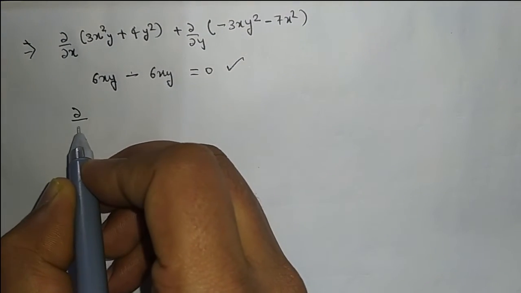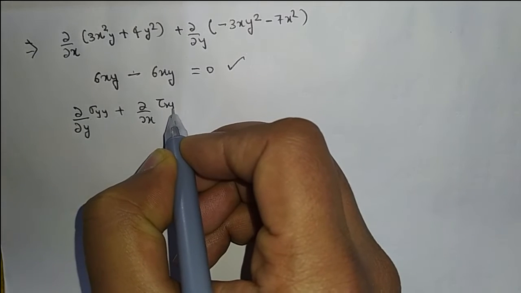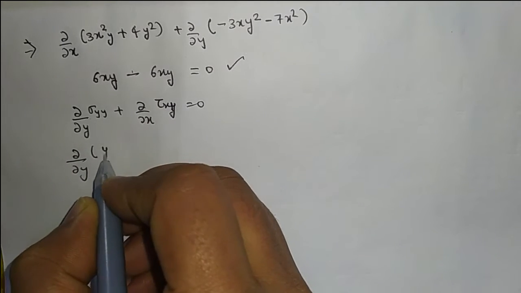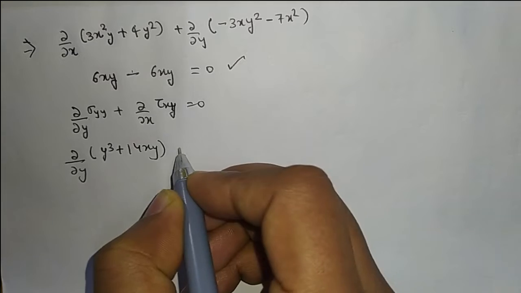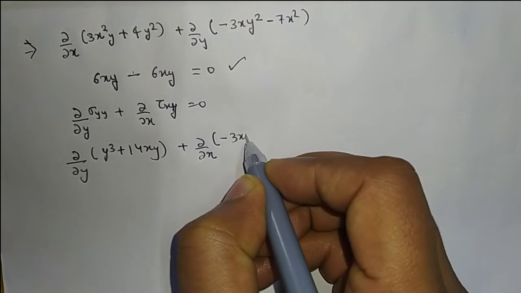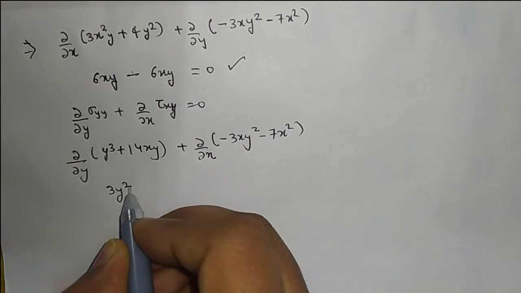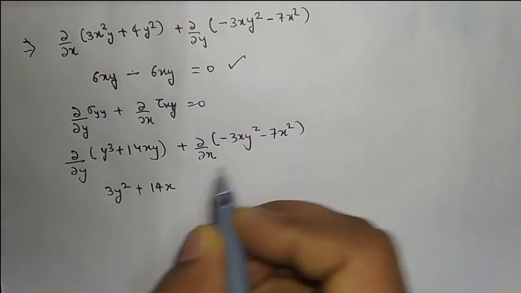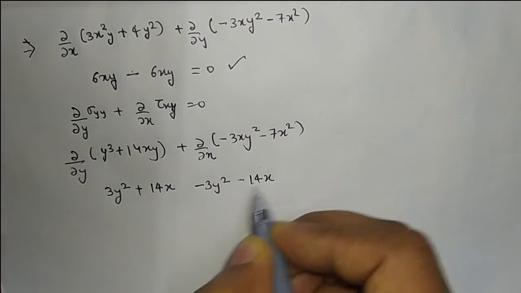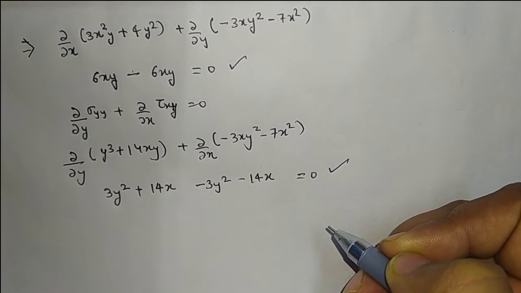Now we will check the other equation, which is partial differentiation of sigma y with respect to y, y cube plus 14xy, plus partial differentiation of tau xy with respect to x, three y square plus 14x, minus 3y square minus 14x, then this also becomes 0. So the equation of equilibrium is satisfied.